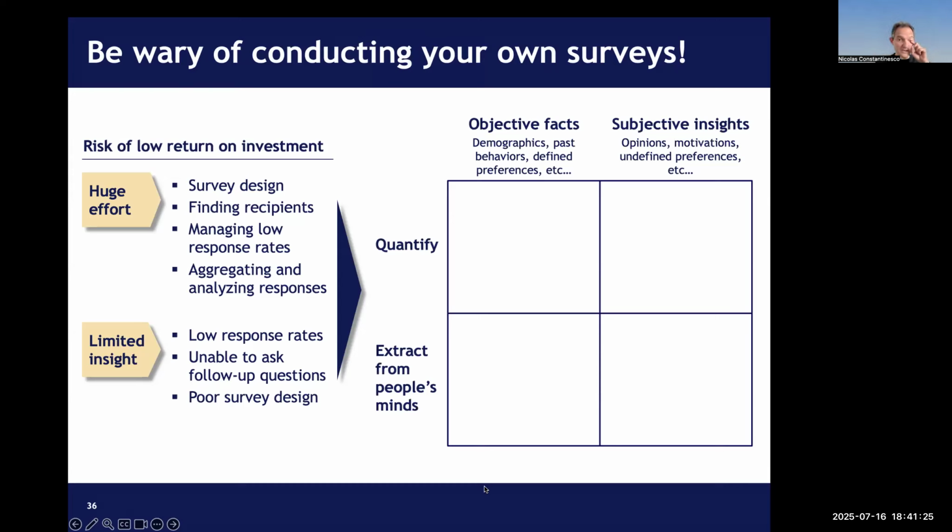So for example, if you just want to understand when do people brush their teeth? First of all, how many times per day? Once, twice, three times? Before breakfast, after breakfast, before going to bed? If you just want to understand that, without necessarily quantifying it, then you can just interview people. And this is just an objective fact, right? There's nothing subjective about this.